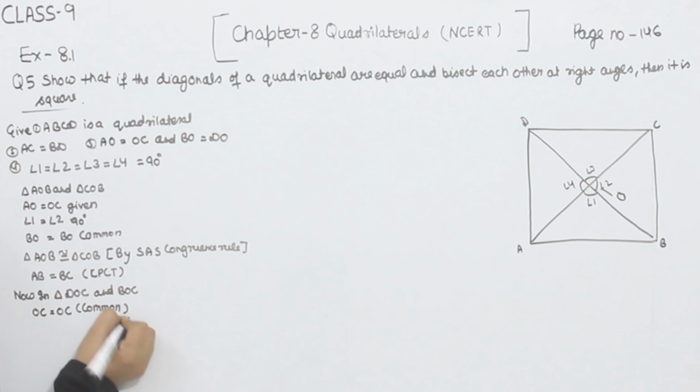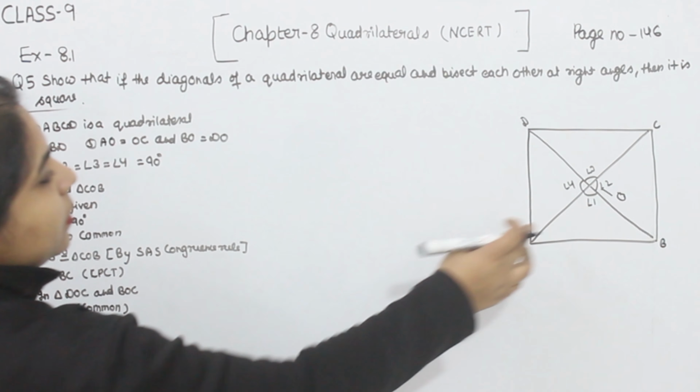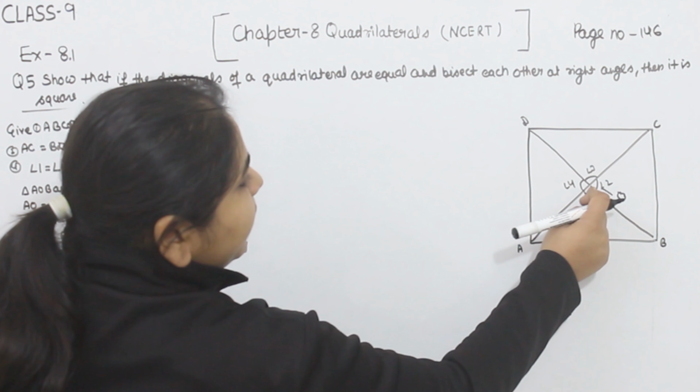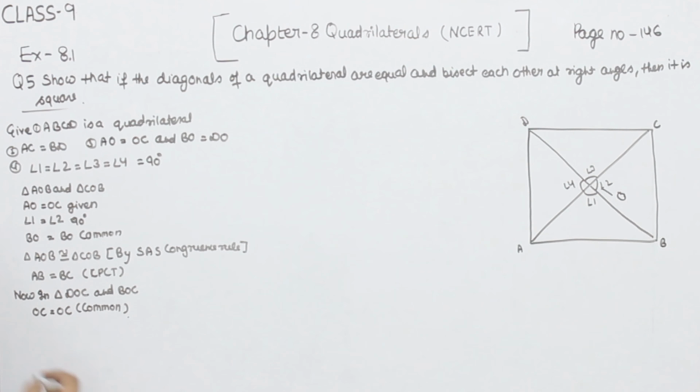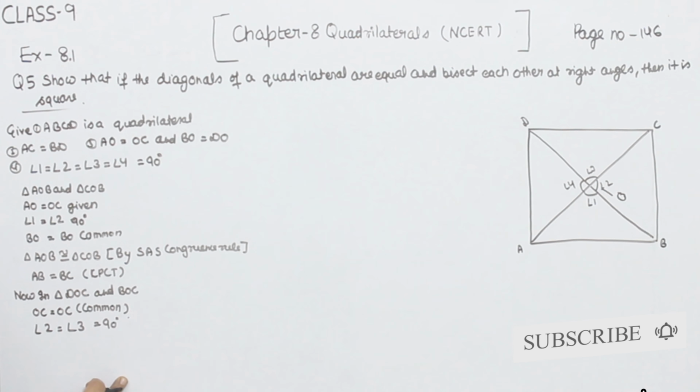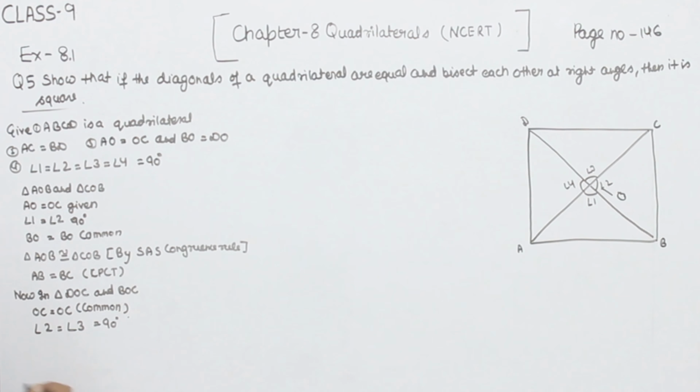And in the triangle DOC and the triangle BOC, the angle 2 is equal to the angle 3. Why? Because they are of 90 degree. And OD is equal to OB. This one is given in the question.